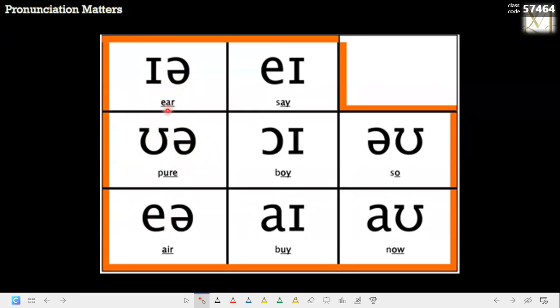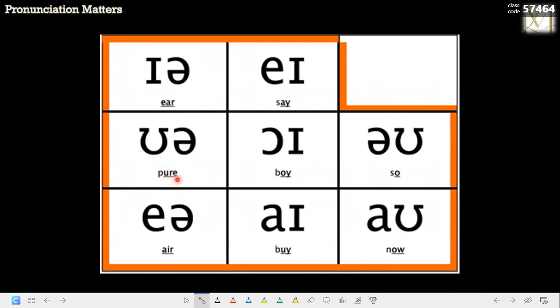And you can practice the correct pronunciation of these diphthongs if you notice the keyword, the word ear, this is my ear. Okay? This is the diphthong /ɪə/.